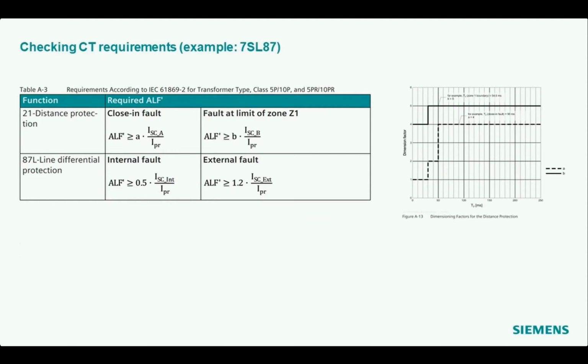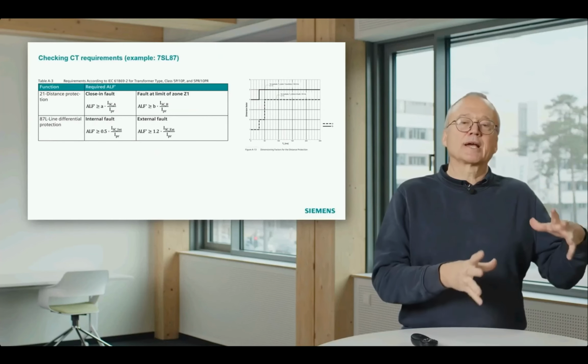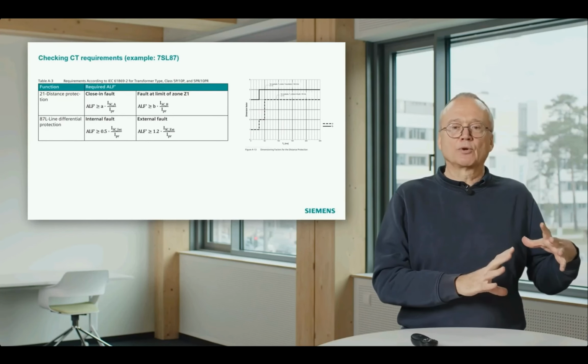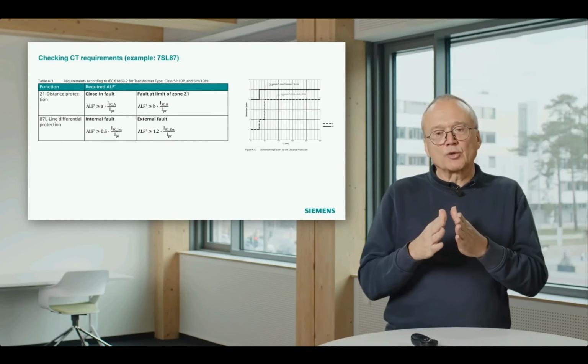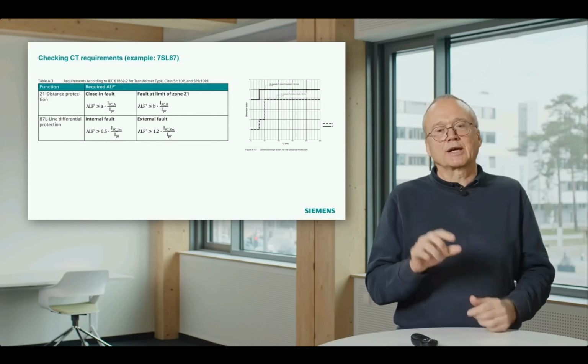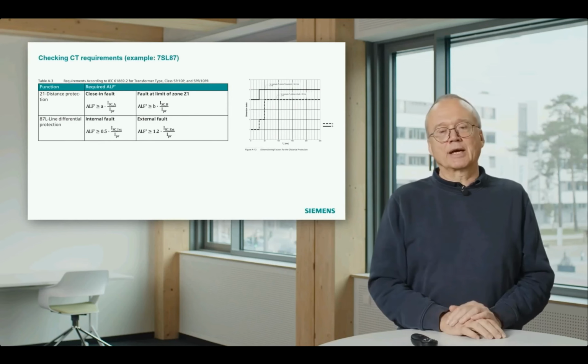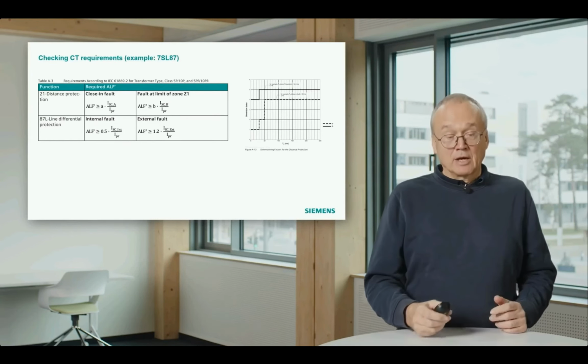It's also an extract from the manual. This diagram gives you the applicable factors based on the time constant you have. Remember, the time constant defines the saturation stimulated by DC components. That means you must know the time constant of the short circuit current, and then from this diagram you can get the factors A and B. A is the dashed line and B is the full line.